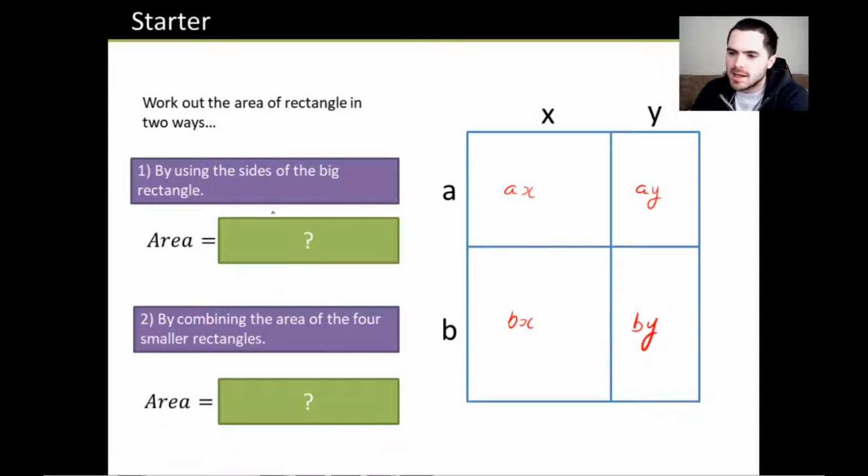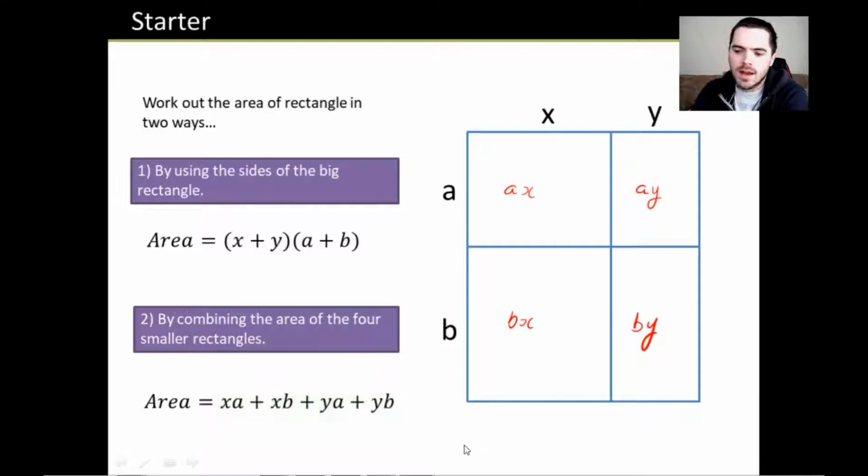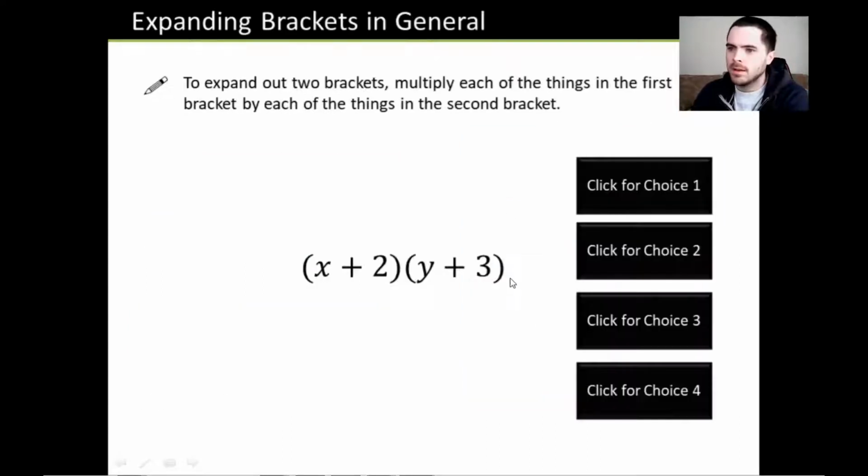By using the sides of the big rectangle, we would be looking at x plus y, the width, times the height, x plus y times a plus b. But if we added up all these areas, then we would have the combined area. It doesn't matter what the numbers are, that formula would tell us the area of this weird and wonderful rectangle.